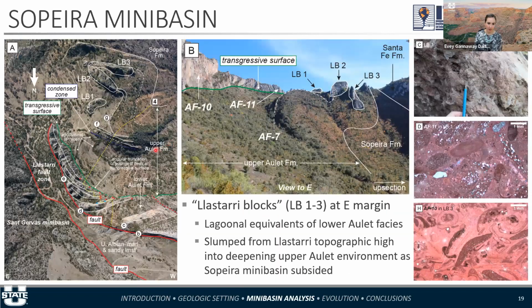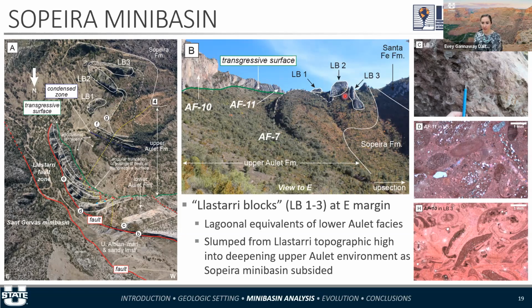So here, just to orient you, is another drone photograph of our upper Aulet strata, which you see come in and curve, folding quite dramatically and terminating at these three monolithic blocks. So substantially deformed and folded, but again without any noticeable changes in thickness or in facies.